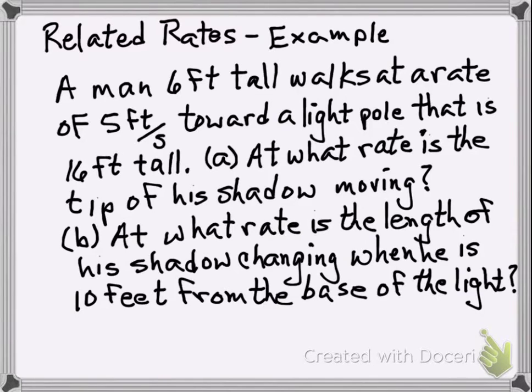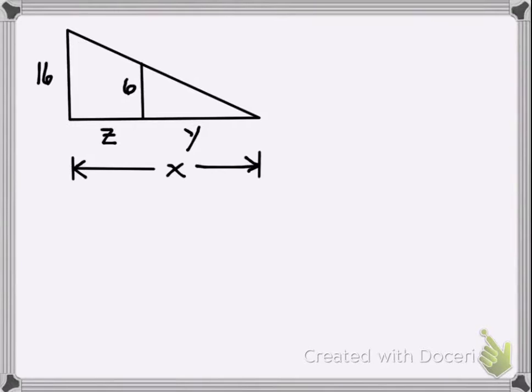So the first thing we do is draw a picture, a diagram, to help us understand this problem. On the far left end of the triangle, we have the dimension of 16. That represents the light pole. The man is 6 feet tall, and so he's represented by that vertical line inside the triangle.